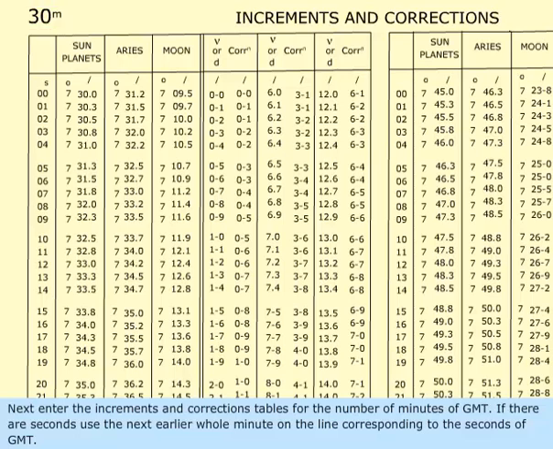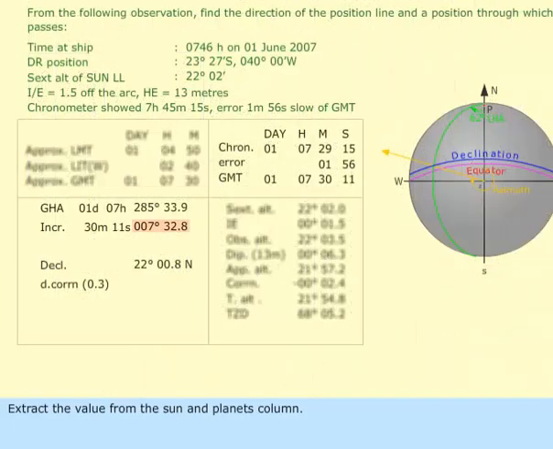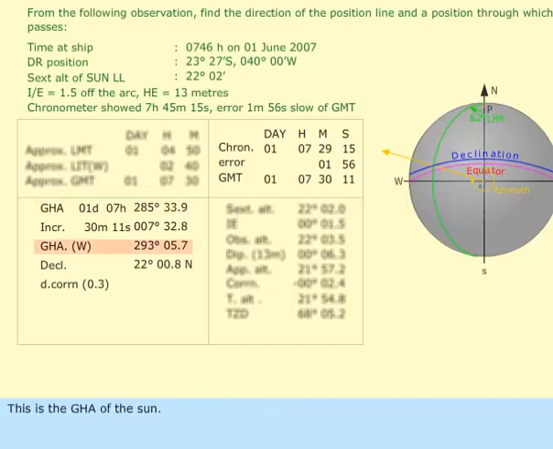If there are seconds, use the next earlier whole minute on the line corresponding to the seconds of GMT. Extract the value from the Sun and Planets column. Add this value to the GHA from the daily page. This is the GHA of the Sun.